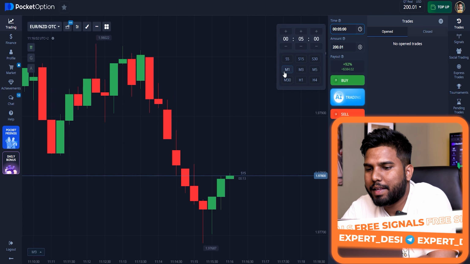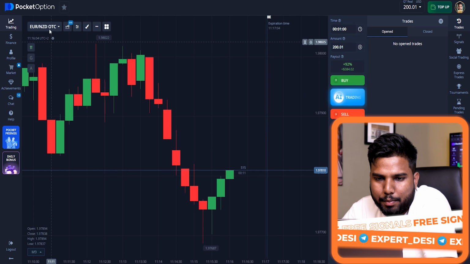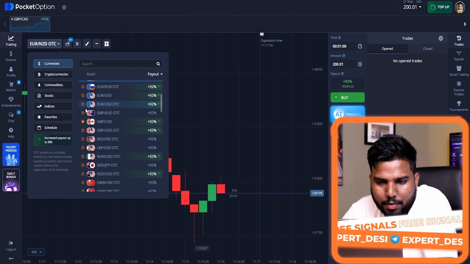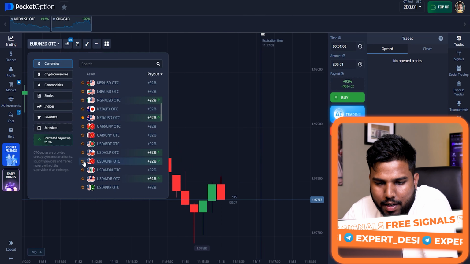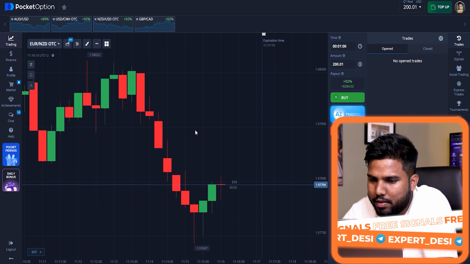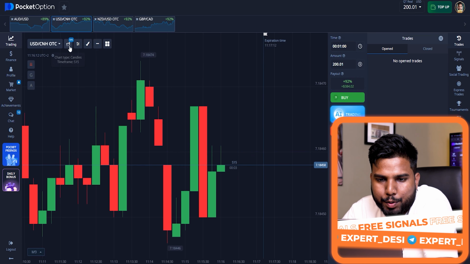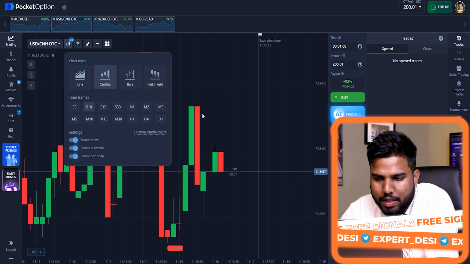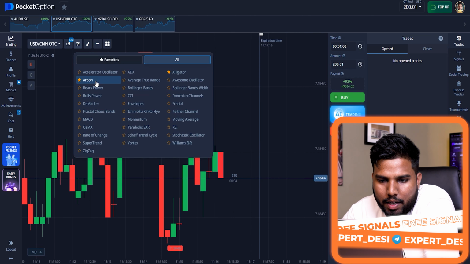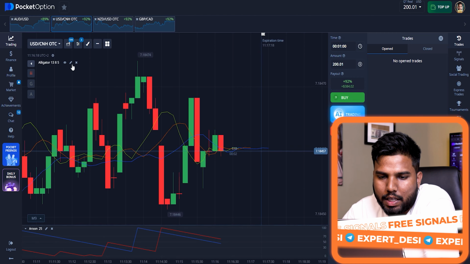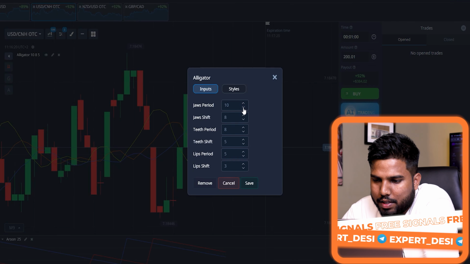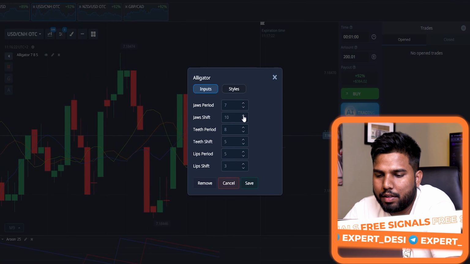So guys, let's set up everything. As always, we'll take M1 time here. We'll take some of the currency pairs. We have two indicators, Haroon and alligator. Let's change some of their settings.